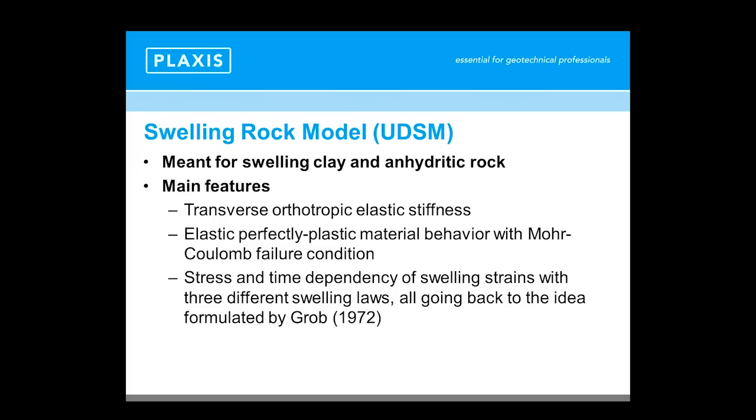Additionally, we do have elastic, perfectly plastic behavior based on the Mohr-Coulomb failure criterion. So with these two features, this model would resemble an orthotropic Mohr-Coulomb model. The particularity of this model is the consideration of a swelling strain, a swelling inelastic strain, which depends on both the stress and the time based on the swelling law that the user can define.